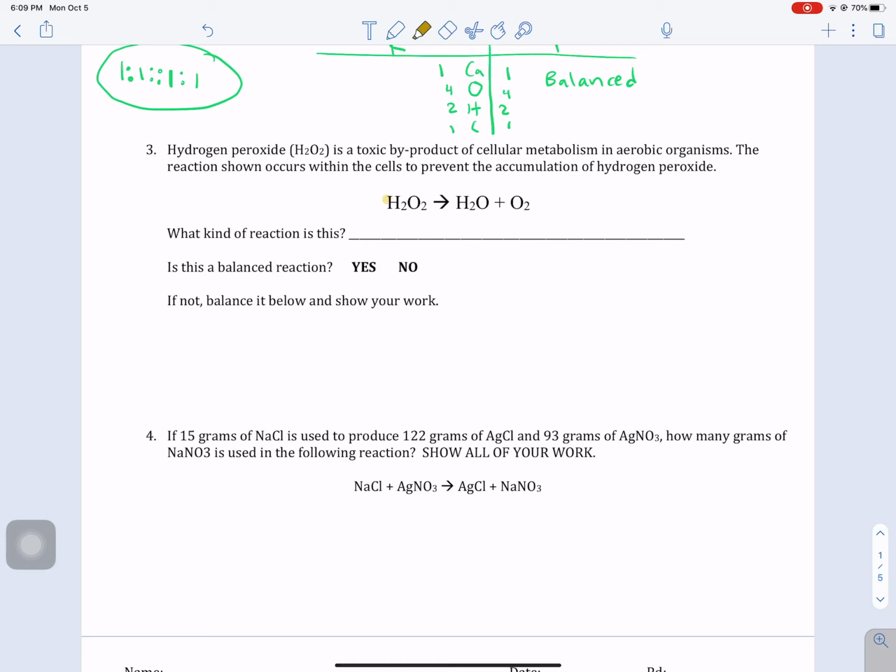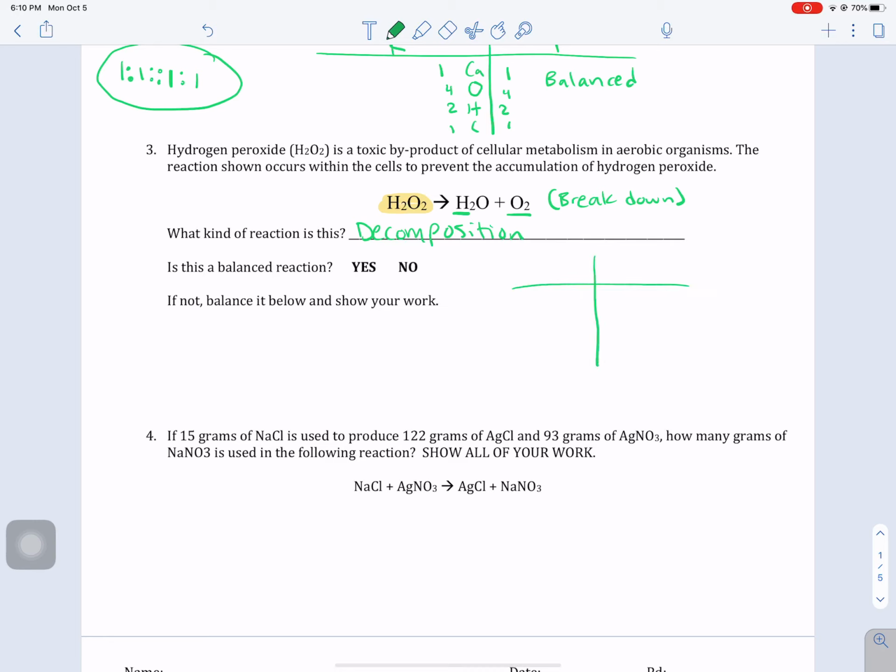Remember, right here we have a whole compound, a whole molecule, and then it gets broken down into 2 types. If you hear me say or see the word breakdown, that's your key word. If it's going to be broken down, it's a decomposition. And it's asking if it is balanced.